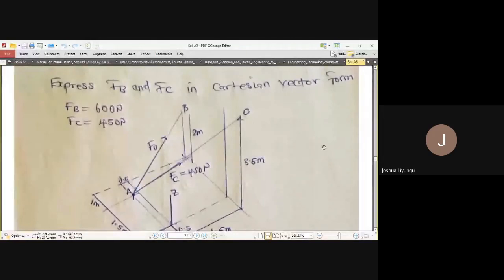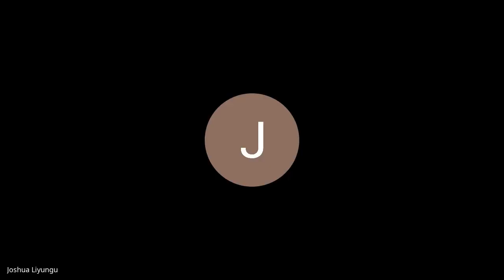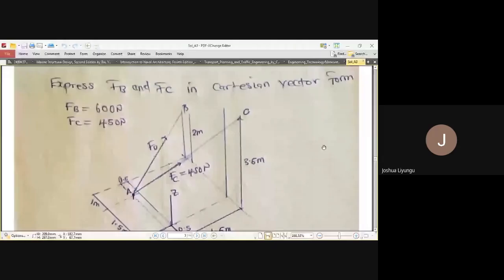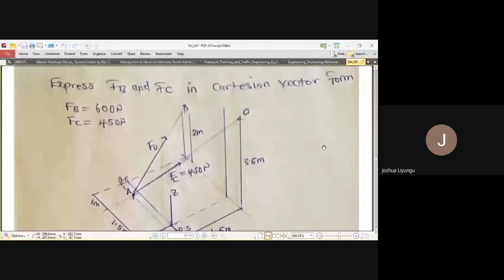The first thing you get is your position vector. You start from B minus those at A. Once you do that, the next thing is you calculate the magnitude.